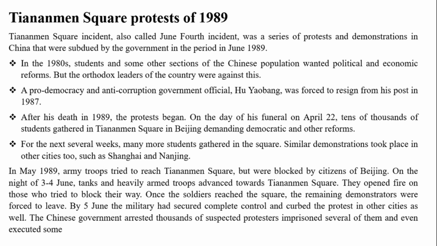So what happened was that Hu Yaobang, a pro-democracy and anti-corruption government official, was forced to resign his post in 1987. After his death in 1989, the protests began on the day of the funeral, April 22nd. Tens of thousands of students gathered in Tiananmen Square in Beijing, demanding democratic and other reforms.